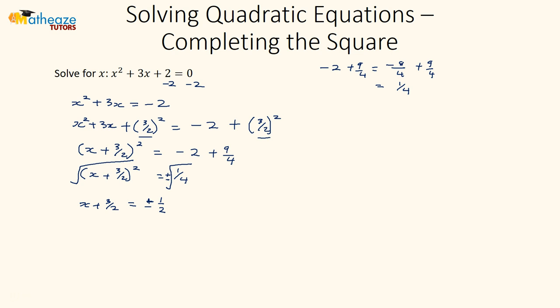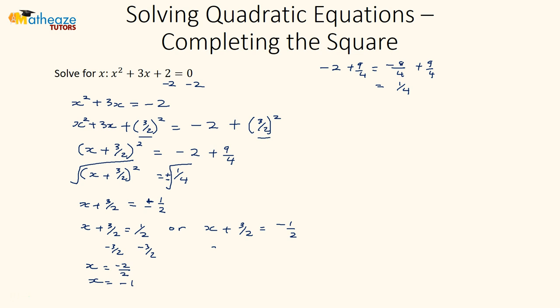Next we have x plus 3 over 2 equal to 1 over 2, or x plus 3 over 2 equal to negative 1 over 2. We subtract 3 over 2 from both sides, and we should have x equal to negative 2 over 2, which is negative 1.